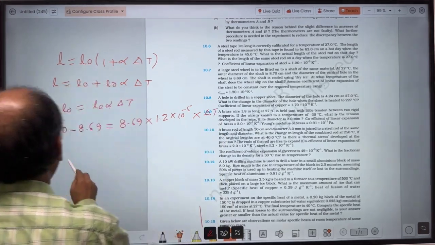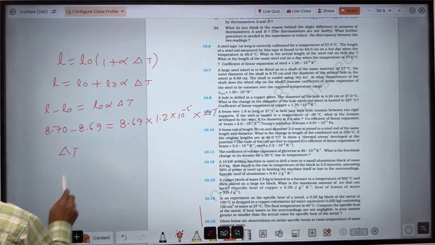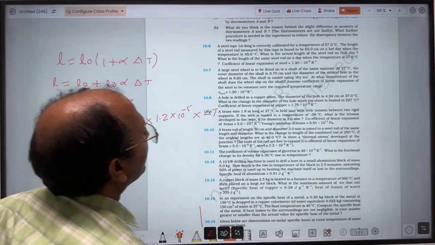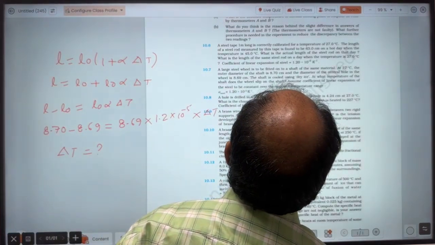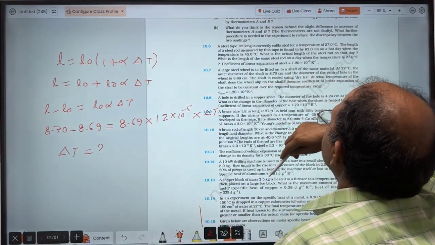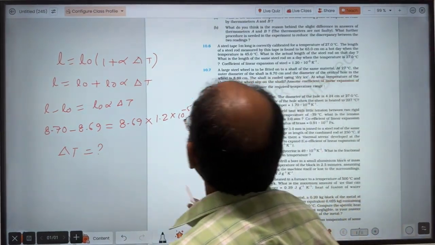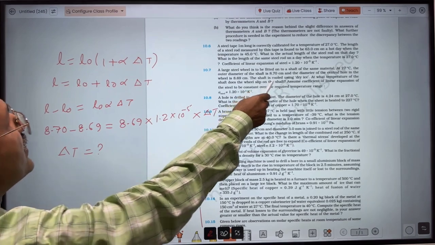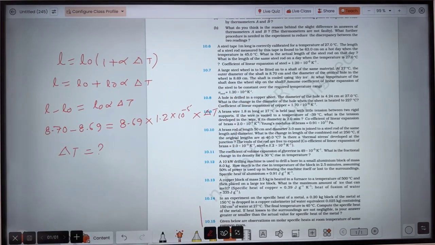So we can evaluate delta T. And when we have got delta T, since we have to find the temperature, it says at what temperature of the shaft does the wheel slip on the shaft, so you can find the difference. Because one temperature is already given, that is 27. The new temperature you will get after evaluation will be a certain negative value. So that is based on your calculation, you can do it.